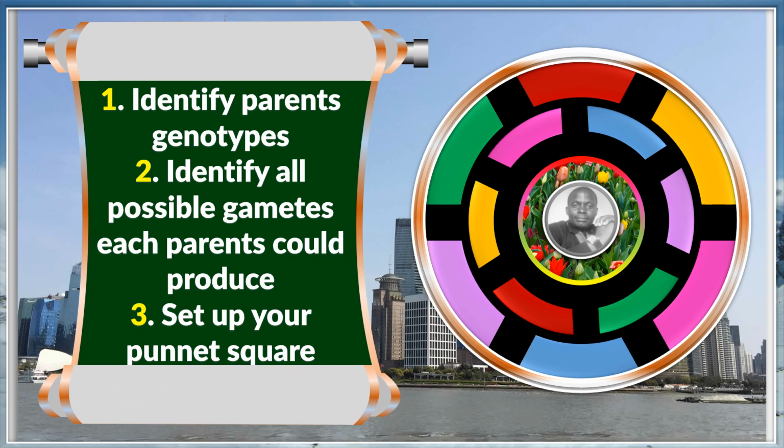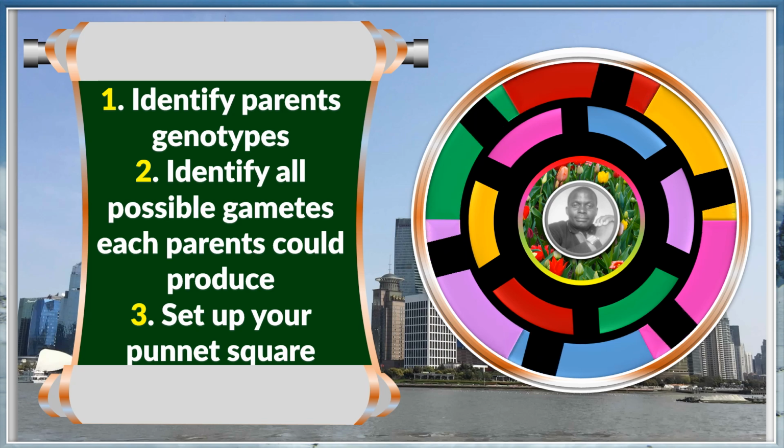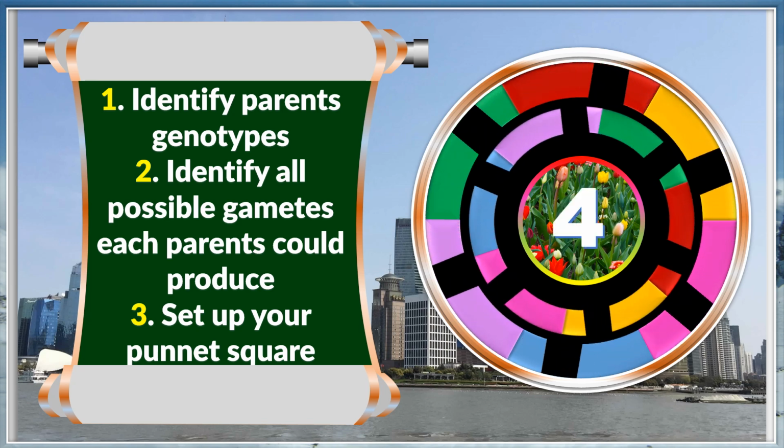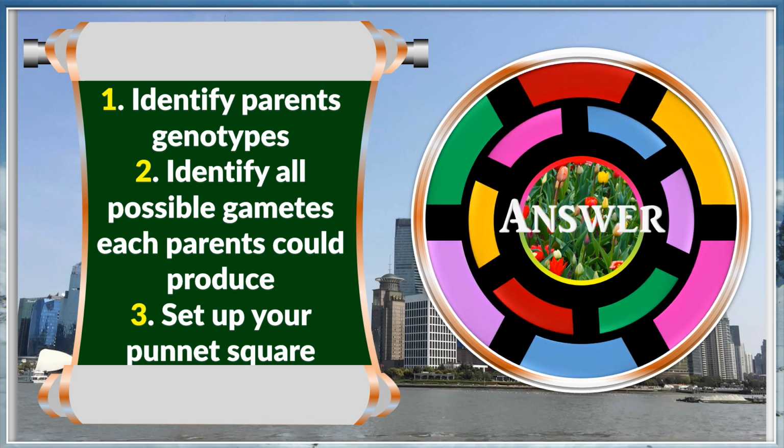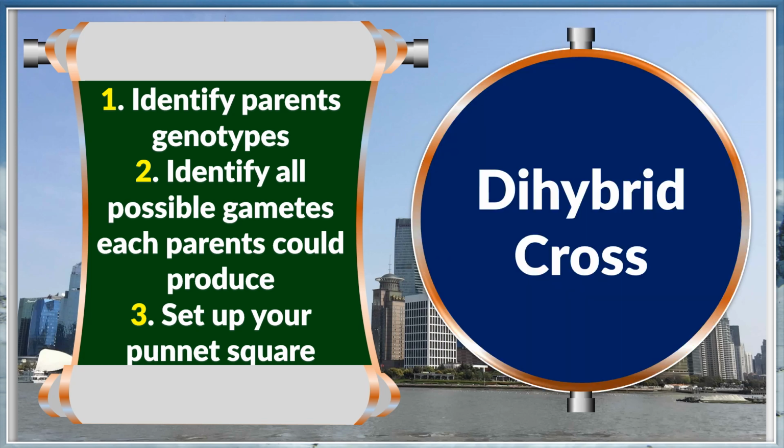One, identify parents' genotypes. Two, identify all possible gametes each parent could produce. And three, set up your Punnett square. Dihybrid cross.